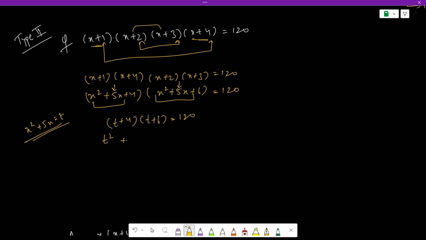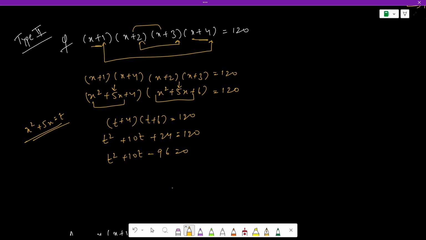This is t square plus 10t plus 24 equals 120. Now this becomes t square plus 10t minus 96 equals 0, right?